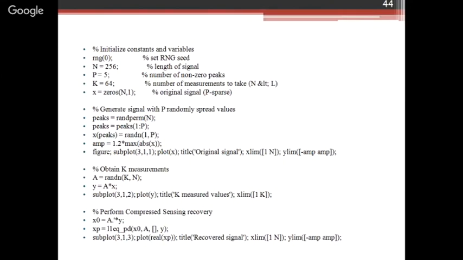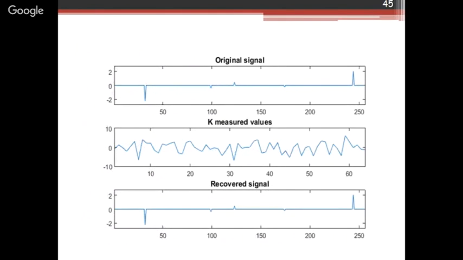Okay, and after generating the y, the compressed sensing recovery has been done there. x naught is basically representing the, we are taking the inverse transpose of the y in order to generate x naught, and then the L1 minimization algorithm syntax has been applied over there in order to reconstruct the original signal. Okay, so it will look like this. We have the 256 values, we represented it with 5 peaks, as I have told you.